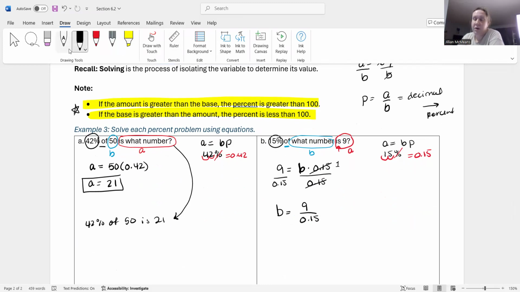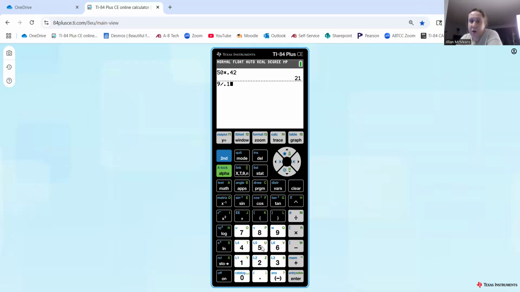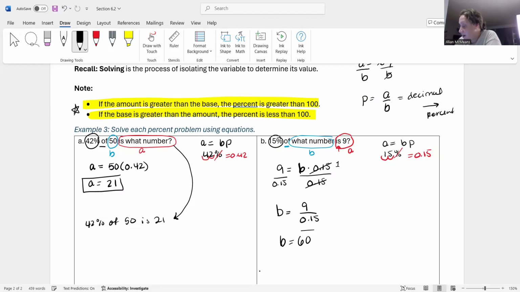So let's go over to the calculator and we're going to do 9 divided by 0.15. So remember, the calculator doesn't do all the work for you, it just does the side work. So 9 divided by 0.15 is equal to 60. There we go. So we would say B equals 60, and that ends up being our final answer, okay?